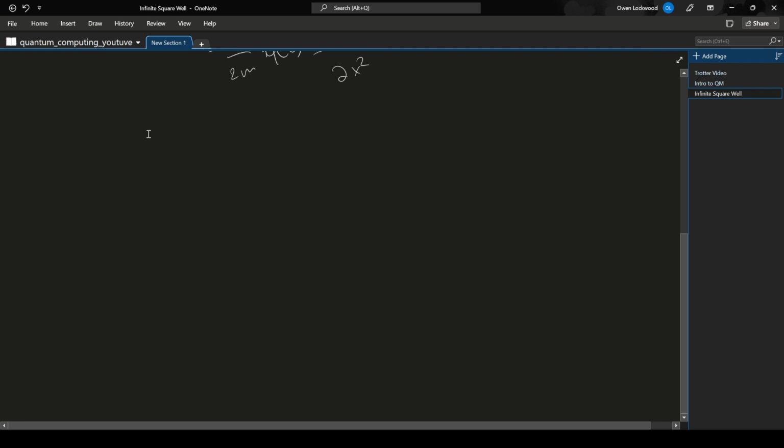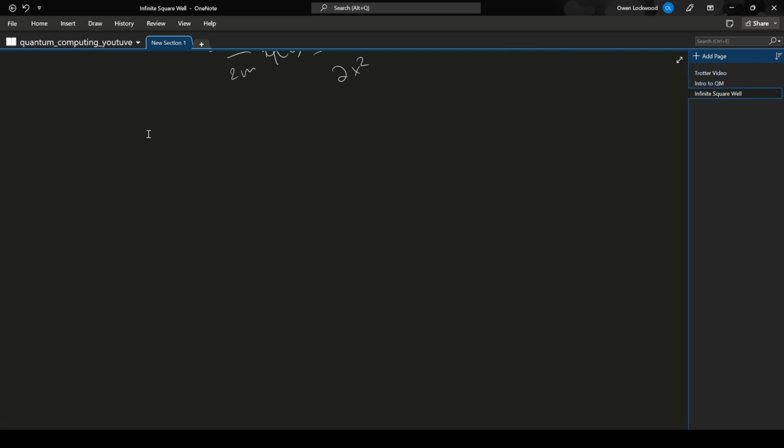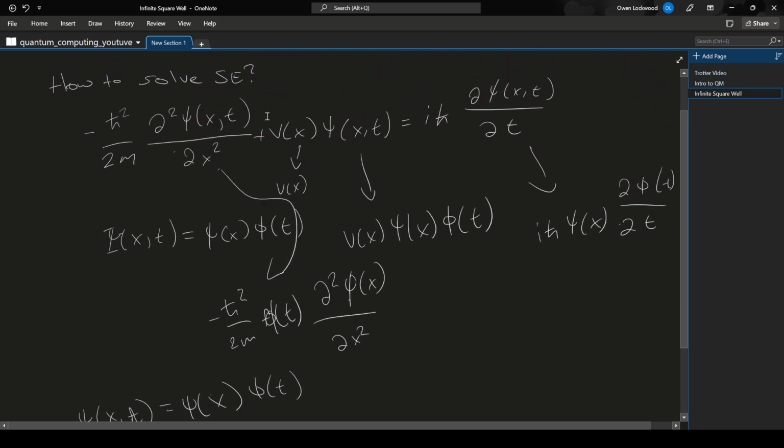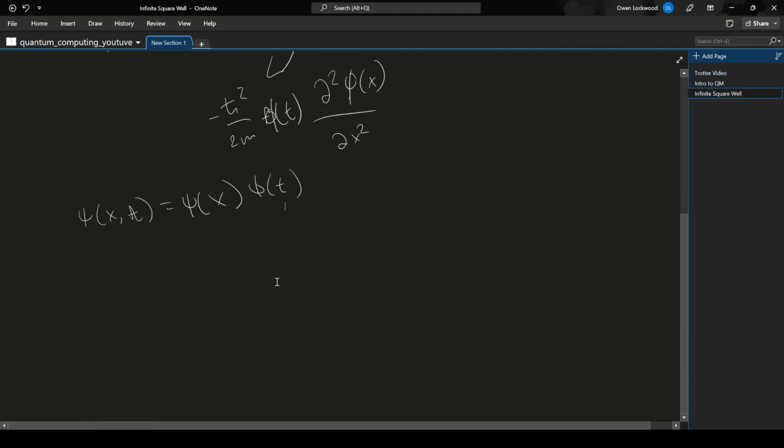So now that we have that all written out, what we can do is divide both sides by this function, which is xt, basically. What do we get? Well, we see right away that in the first term, this t will cancel, and we'll be left with a 1 over psi of x.